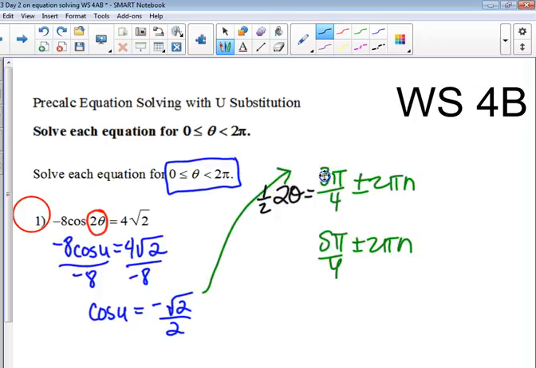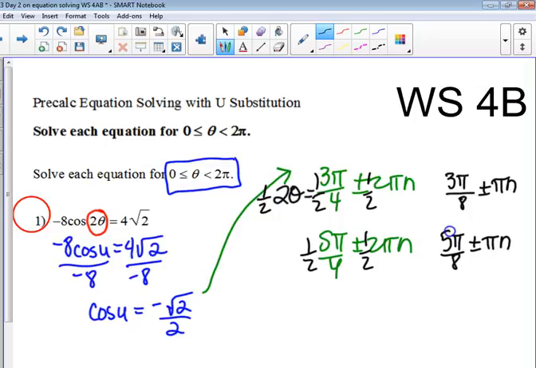Half of this, half of this, half of this. It will now say 3 pi over 8 plus or minus pi. Half of this will be what? Plus or minus pi.